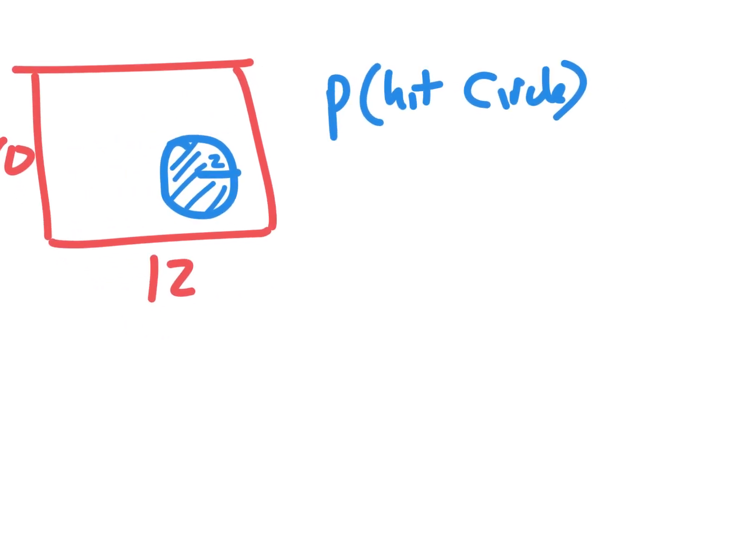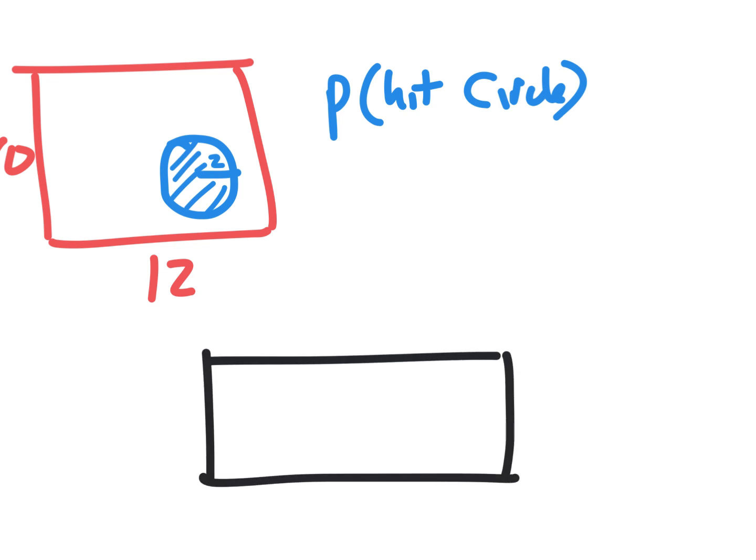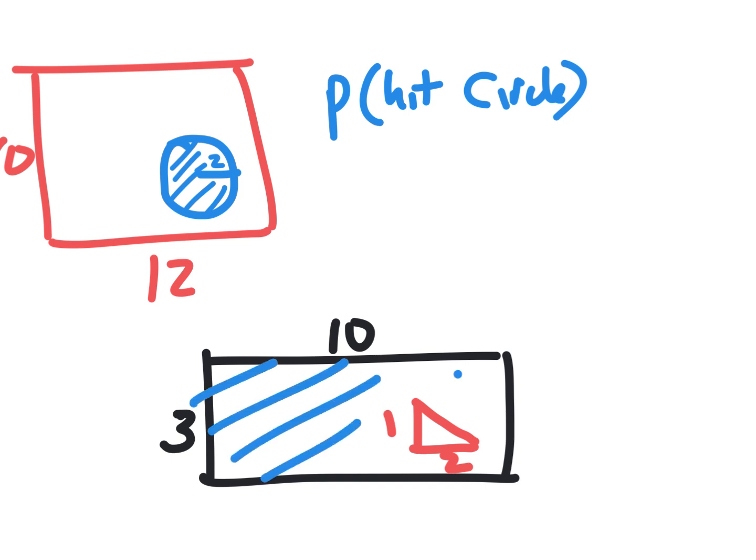And then here's one that's very similar, longer and skinnier. 10 by 3 with a triangle in it. That's 1 by 2. This time I want the probability, you know that it's almost the whole thing. You just are going to subtract out the triangle.